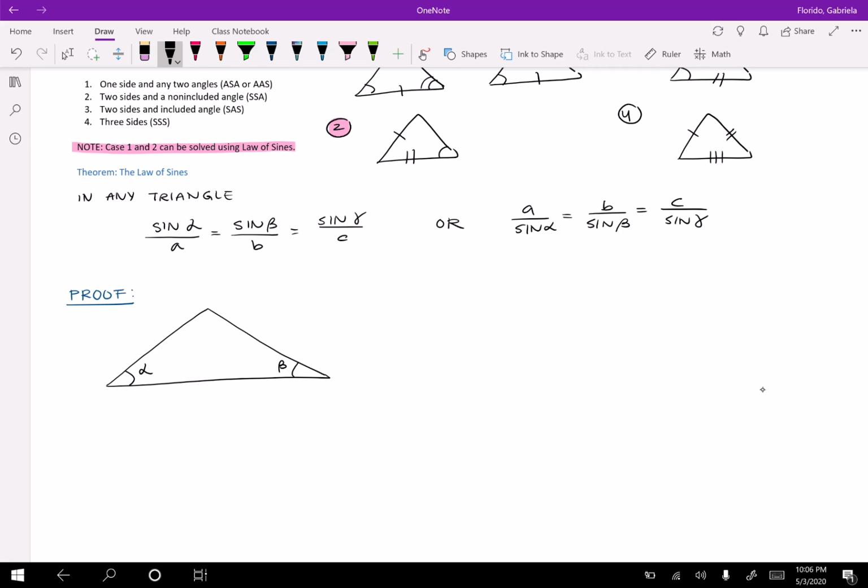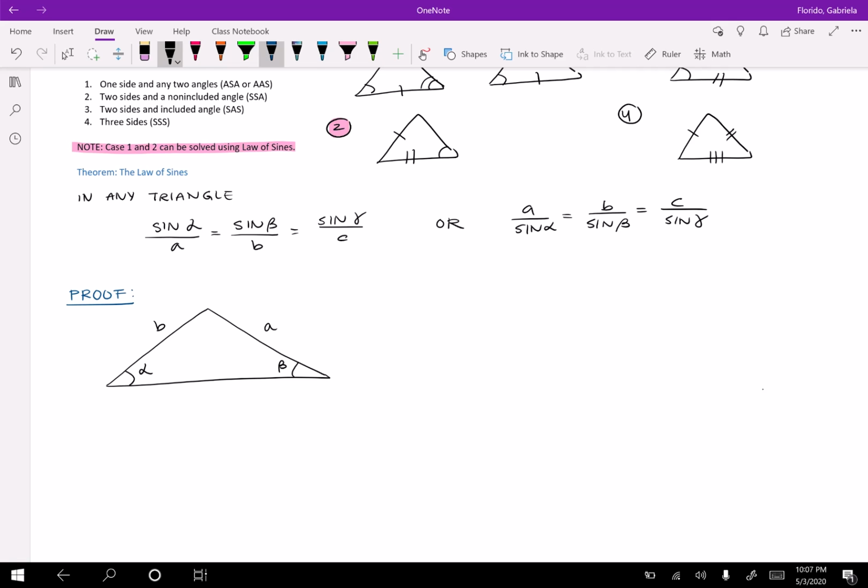So the length opposite of alpha is little a, the length opposite of beta is little b. Right, and so we know that we have to be working with sine. Okay, we know that the law of sines has sine in it, and so we're going to have to take the sine of these angles at some point.